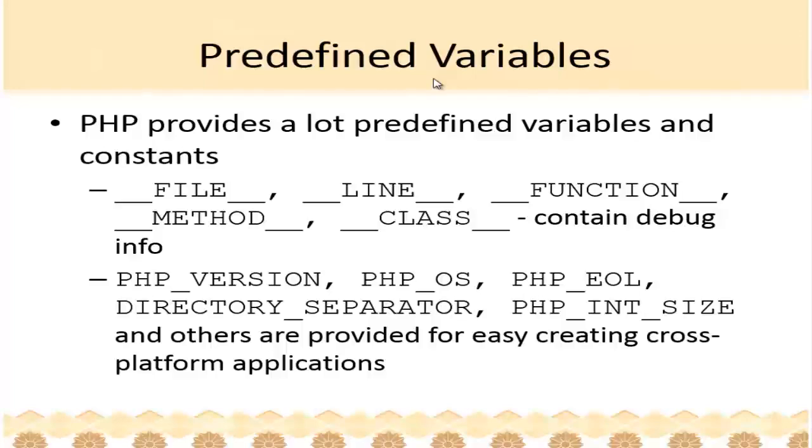So you can just ask PHP, tell me which is the operating system that it is running. Or you can even ask PHP, okay, what was the input that was sent by the user, and give me all the input. So these are built-in variables, and most of them are actually arrays that are provided to you directly so that you can use it.